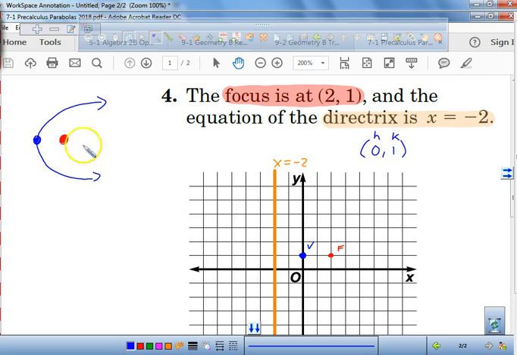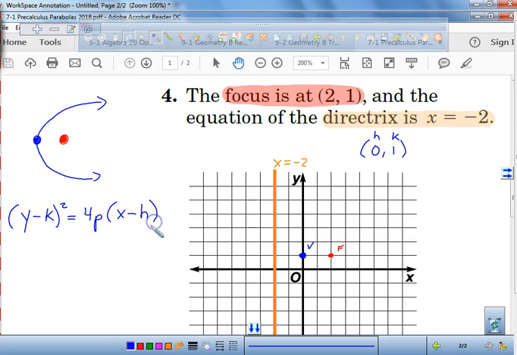Now, if it opens right or left, now we have a different equation. And the equation that this goes with is (y minus k) squared equals 4p(x minus h).